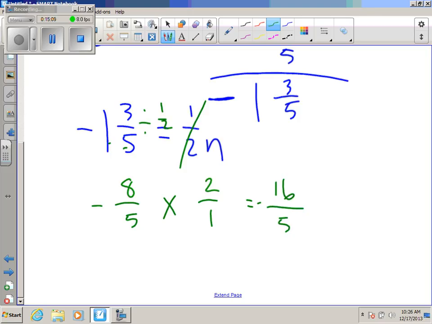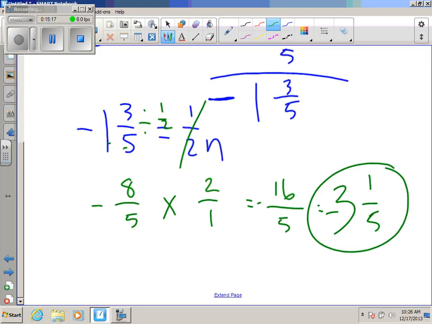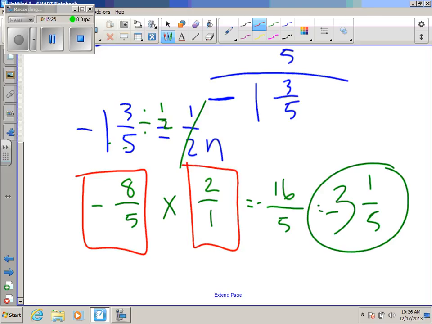Negative 16 over 5. 5 into 16, 3. Negative 3 and 1/5. Now here, when you look at this, a negative times a positive always gives you the negative. Also applies to when you use it with fractions.